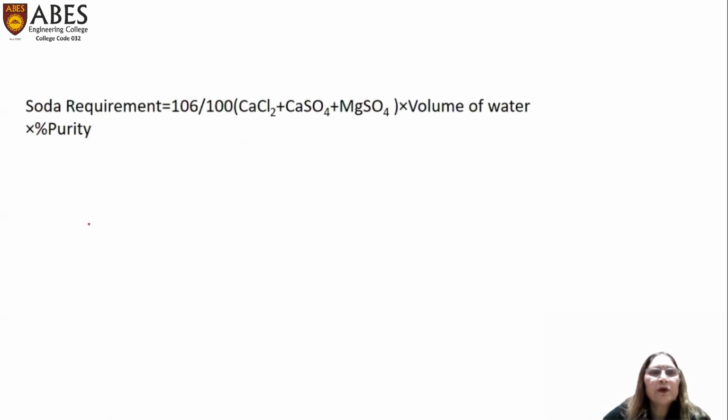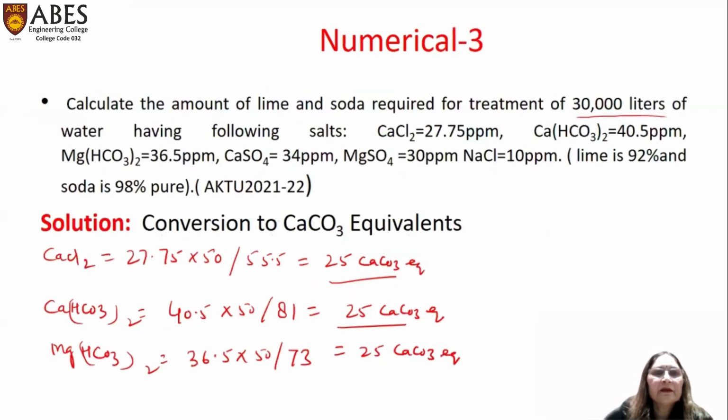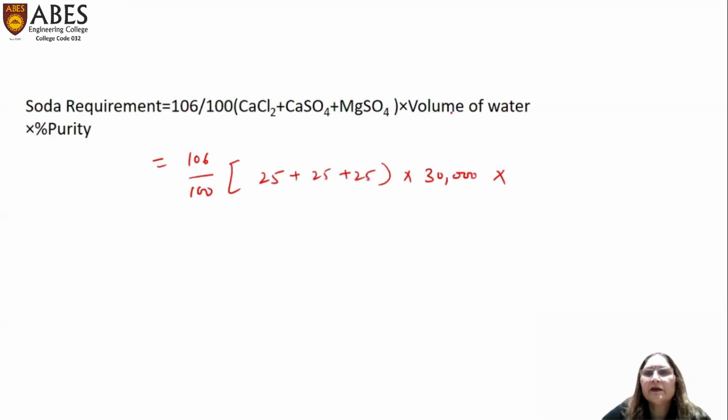Now coming to the soda requirement, it is equal to 106 upon 100 into 25 calcium chloride plus 25 plus 25. Volume of water 30,000. And percentage purity is 98% pure soda, so 100 upon 98.